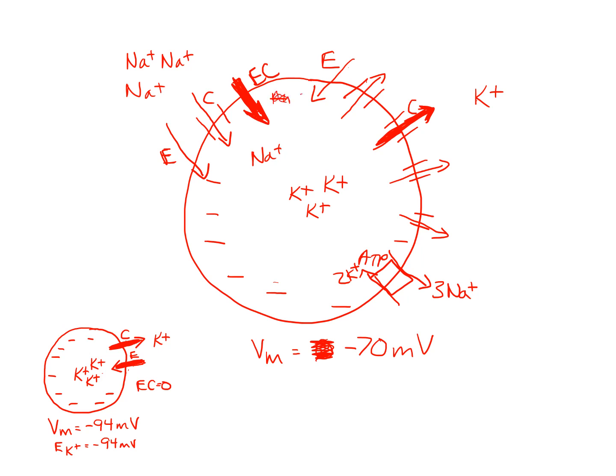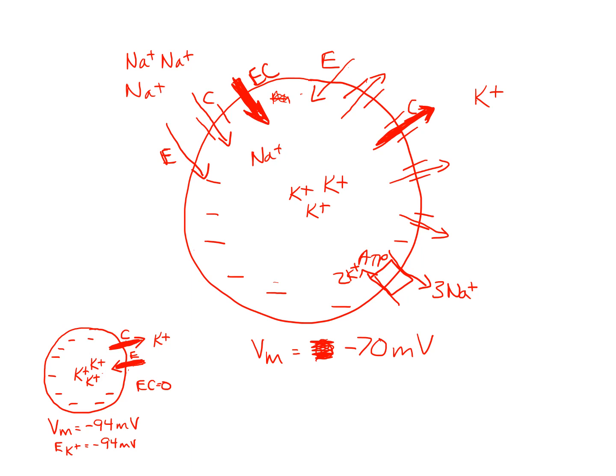So there's only 7 negative charges in here at minus 70 millivolts, and there's 9 negative charges at minus 94 millivolts. So at minus 94 millivolts, potassium wants to go in a lot more because there's more negative charges. But at minus 70 millivolts, it still wants to go in, but not as much. So our electrical driving force isn't as big. We're going to draw a thinner line than what we had at equilibrium at minus 94 millivolts.